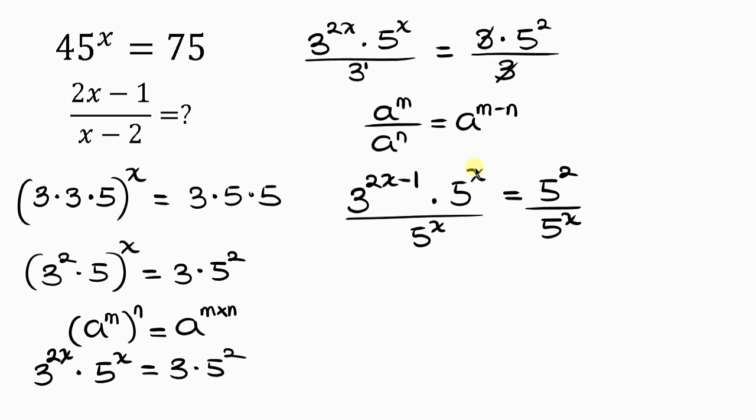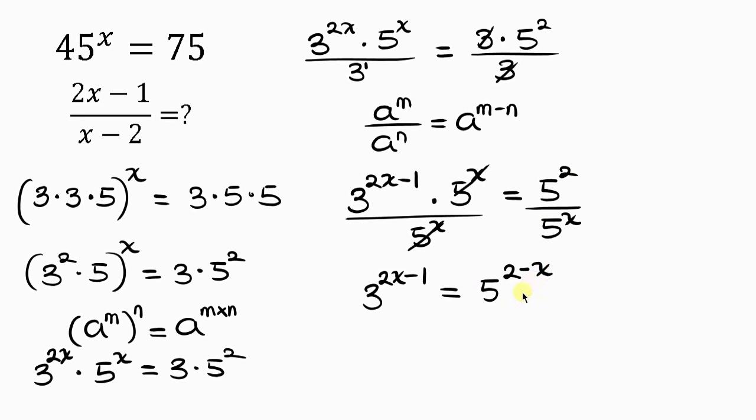Now notice that 5 to the x can cancel out 5 to the x, leaving behind 3 to the 2x minus 1, equal to, now let's apply this law of indices to what we have here. So this becomes 5 to the, let's subtract the powers, 2 minus x.